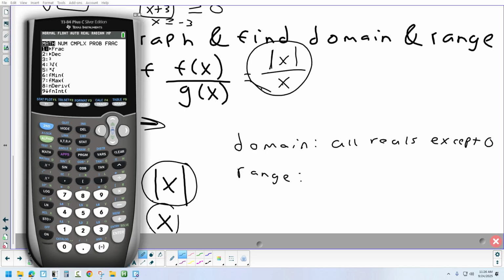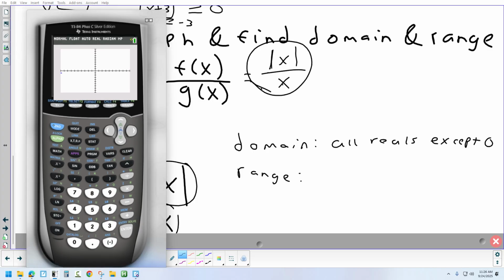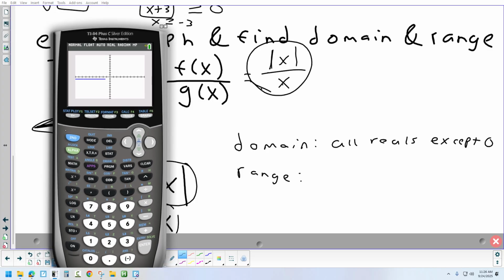So the graph of that is going to look very different. It is not going to go up forever and down forever. It's going to look just like that. If you plug in a negative number, the answer is always -1. If you plug in a positive number, the answer is always +1.